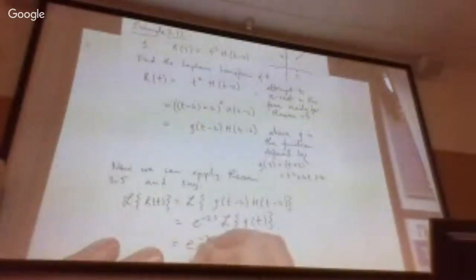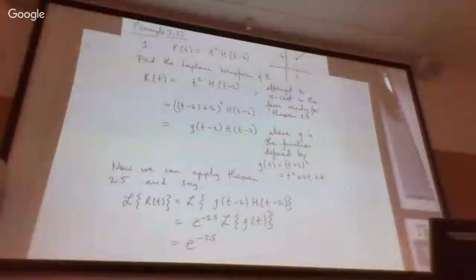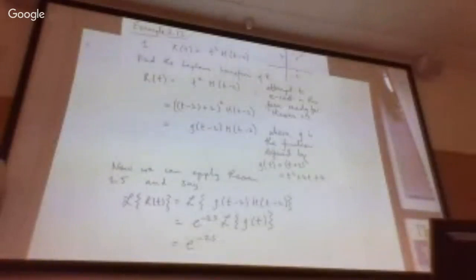So that's e to the minus 2s. What's this? 2 over s cubed. That's the transform of t squared. 4t, well, t transforms to 1 over s squared, and the constant 4 transforms to 4 over s.